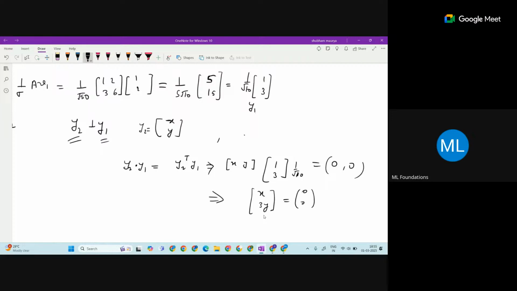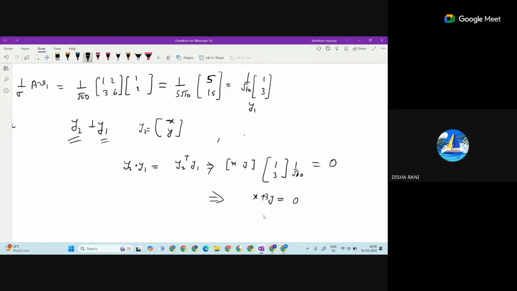Now this gives x plus 3y. Sorry, this is a scalar, I just missed that. So finally we get x plus 3y is equal to 0.